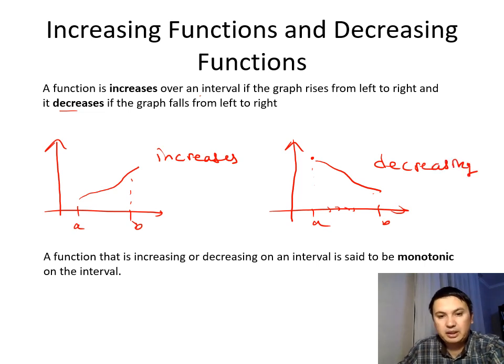And we say that the function is monotonic if it's increasing or decreasing. If one of them is the case in an interval, then we say it's a monotonic function. Sometimes we also call it monotone increasing or monotone decreasing. So the question is, how can we use the derivative to find out whether the function is increasing or decreasing?